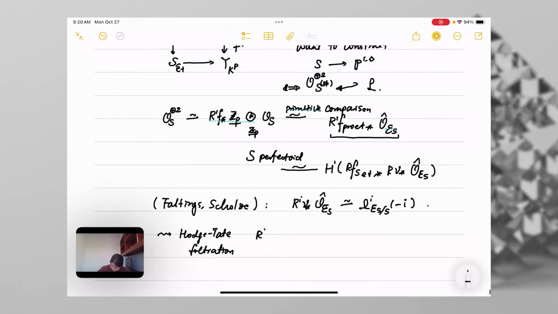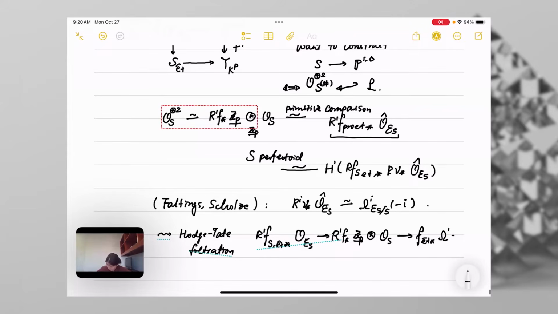So where you have a sub given by the R1 f étale pushforward of the structure sheaf, to the middle term, which is R1 f lower star Z_p tensored with O_S, and then with the quotient given by the tau pushforward of differential forms.